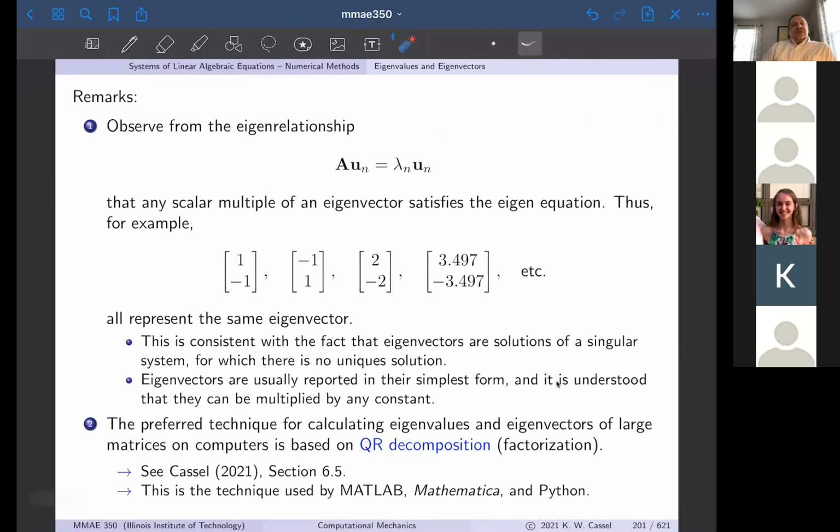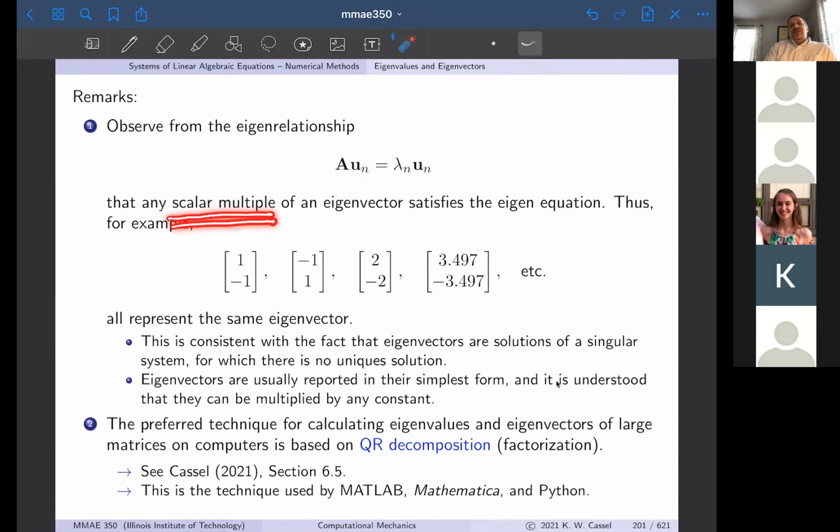Okay, some comments about this. This is an important one. If you notice how this equation is expressed, if I multiply u by some scalar, that scalar just cancels out. And so what that means mathematically is my eigenvectors can be multiplied by any scalar.